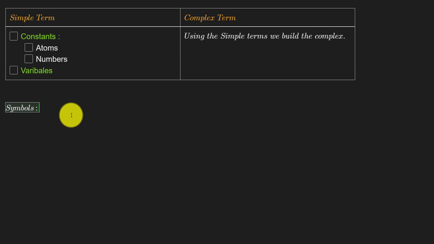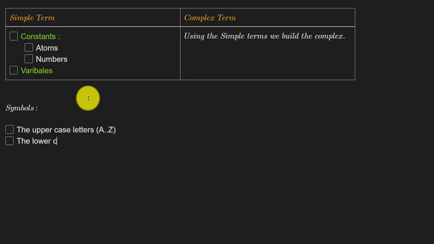So the main symbols allowed in Prolog are the uppercase letters, that means capital A till capital Z. Then the lowercase letters, from small a till small z.